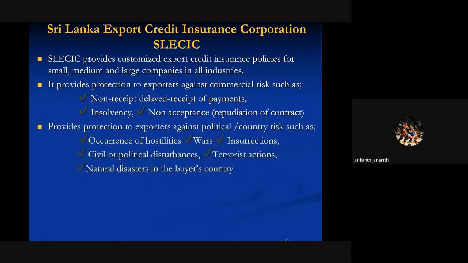They also protect exporters against political and country risk, such as the occurrence of hostilities, conflict between countries, wars, and insurrection. Insurrection is a violent uprising against the government. When people start rising against government action and that kind of environment prevails in a country, you call it insurrection, right?